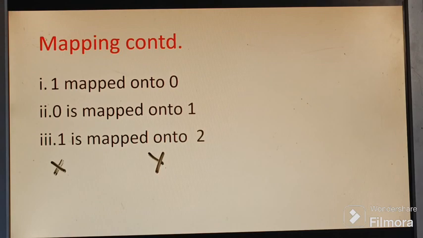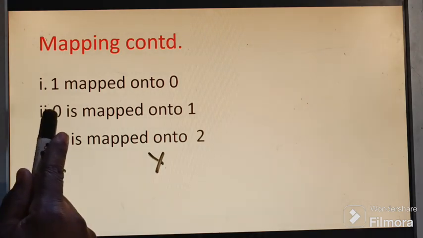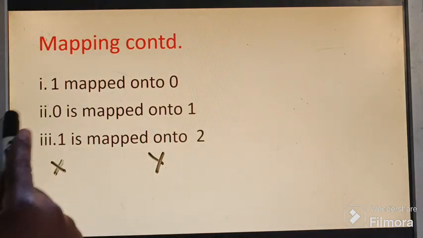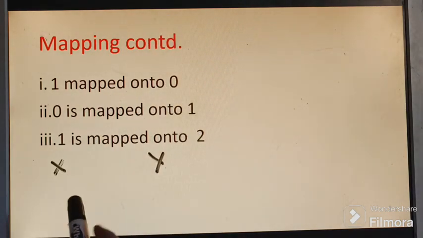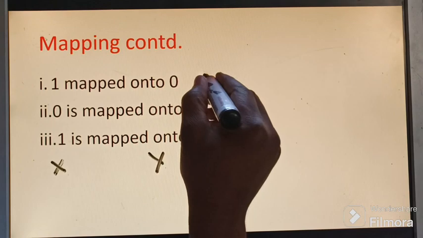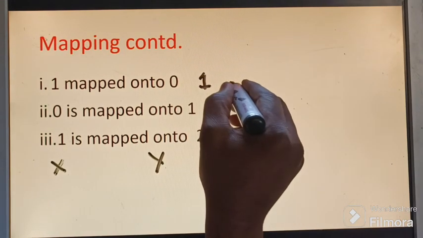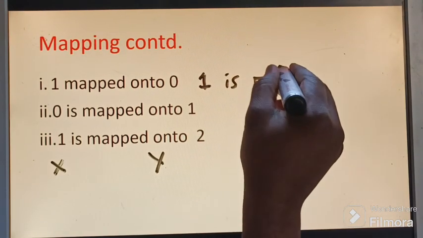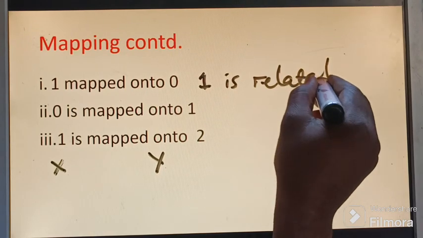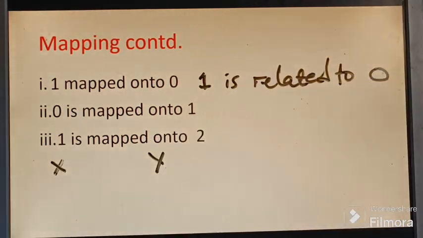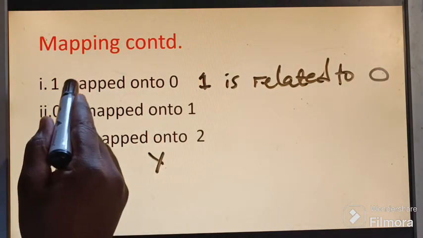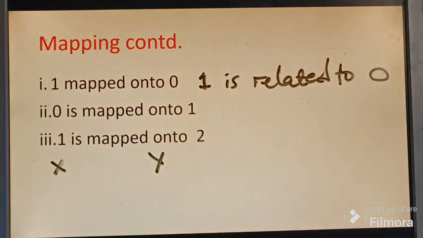Mapping. Instead of saying -1 is related to 0, we say -1 is mapped onto 0.